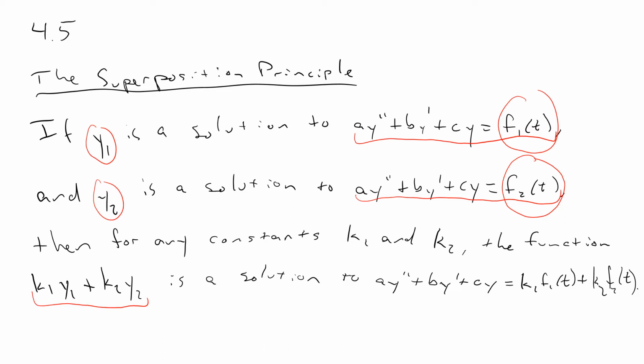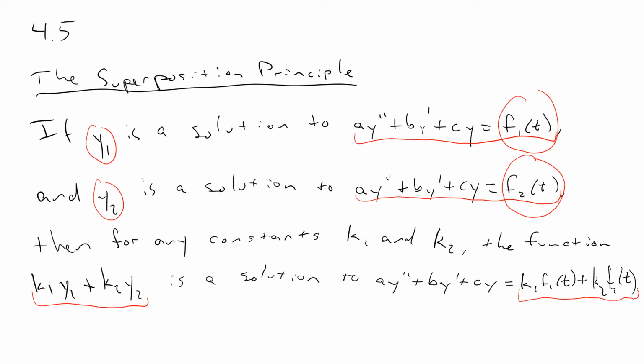Alright, so notice here, again, this is the key piece to all of it. The right hand side of this equation down at the bottom is a linear combination of the right hand sides up above. Some constant multiple of f1 plus some constant multiple of f2.